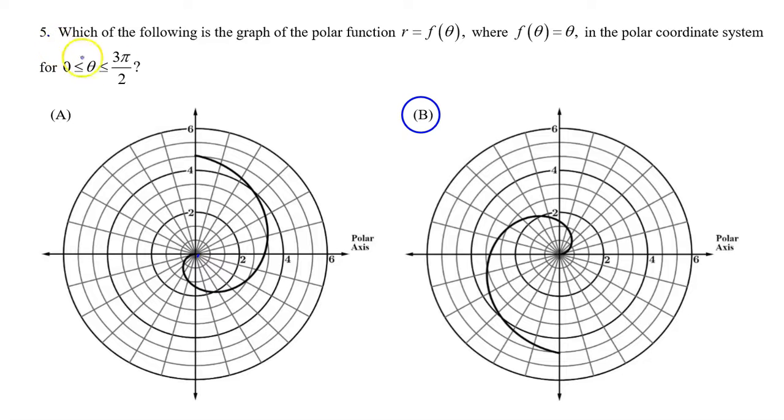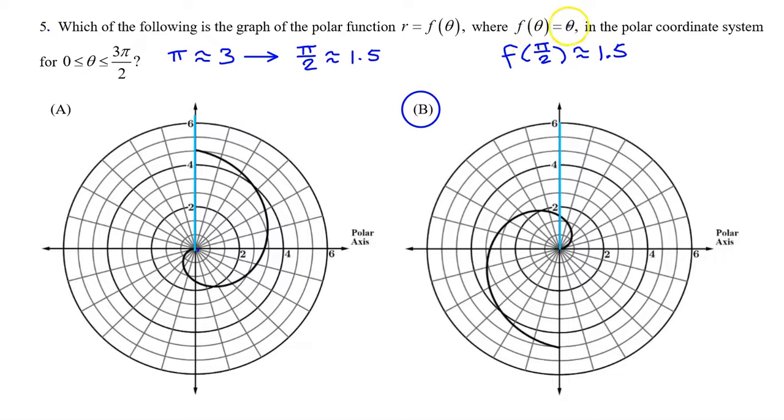You could also solve number 5 using a test value. You know how pi is approximately 3.14? In fact, let's say that pi is approximately 3. In that case, pi over 2 is approximately 1.5.